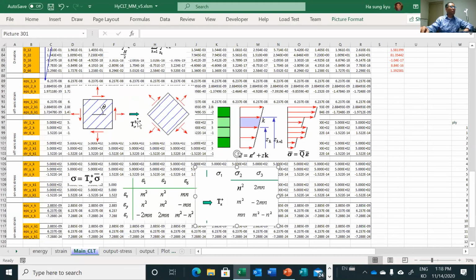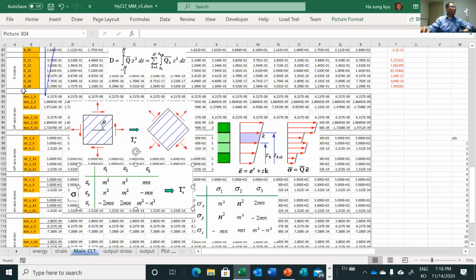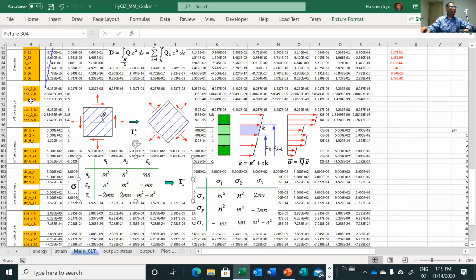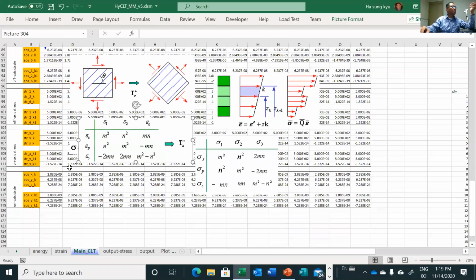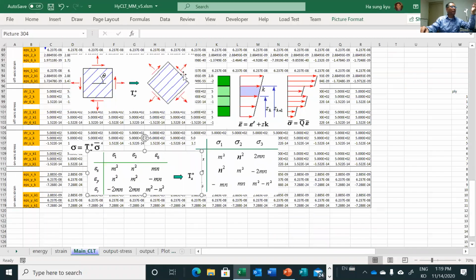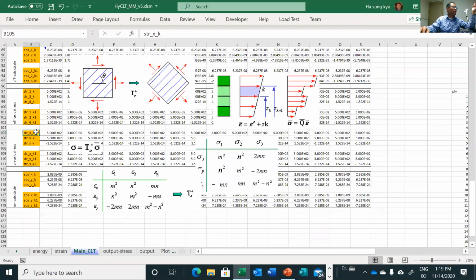So what we need to do is to just transform this strain. Epsilon 1 to 6 indicate the off-axis strain, and x, y, s indicate the on-axis.